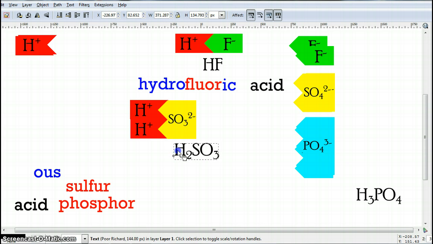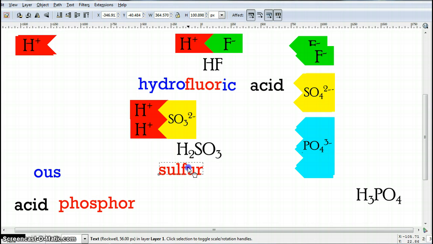when we try to name this, we have to look at the name of the polyatomic ion that was paired up with it. So notice that it is polyatomic, so I don't use hydro anymore. I use the root word sulfur here. Sometimes we would use sulf, but it sounds better to call it sulfur here. And because sulfite was used, the ending ITE is changed to OUS rather than IC.